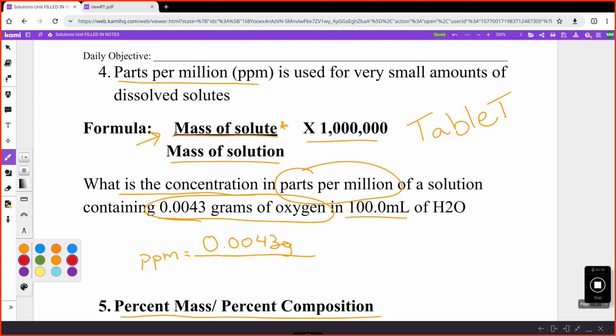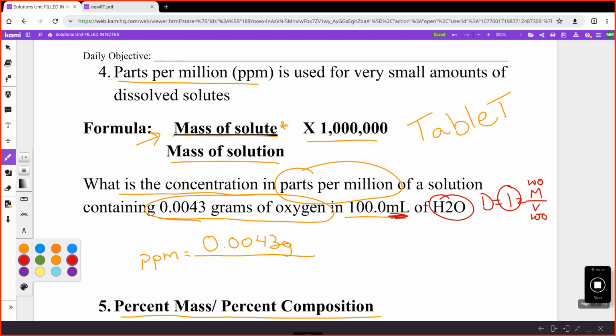Now, some of you might be thinking, well, this isn't a mass, it's a volume. Well, water has a density of 1, meaning its mass divided by its volume equals 1. So if its volume is 100, its mass has to be 100, because 100 mass divided by 100 volume gives you the density of 1.